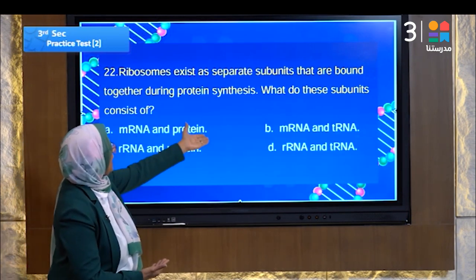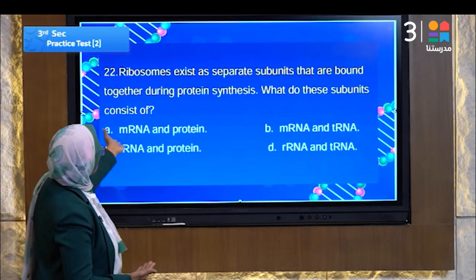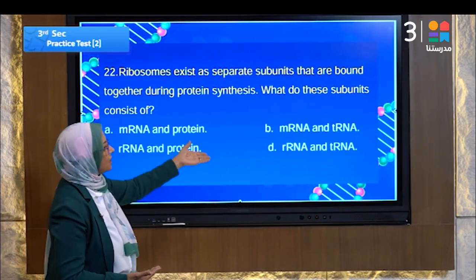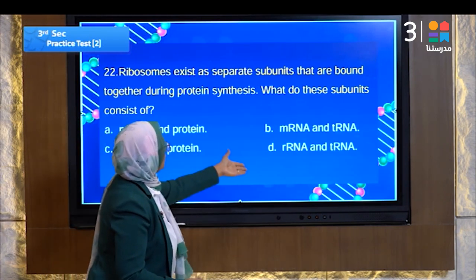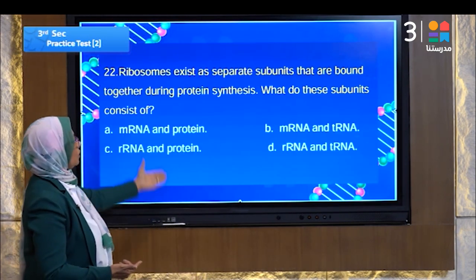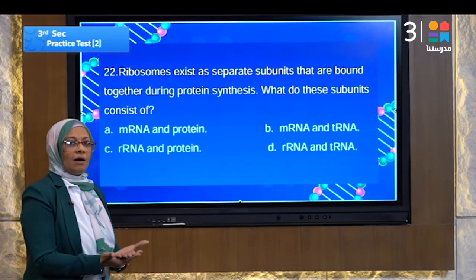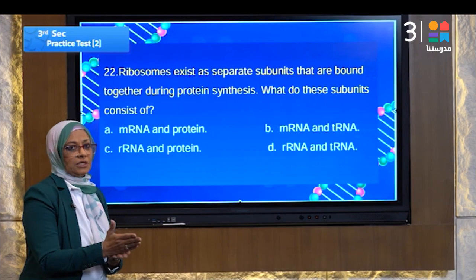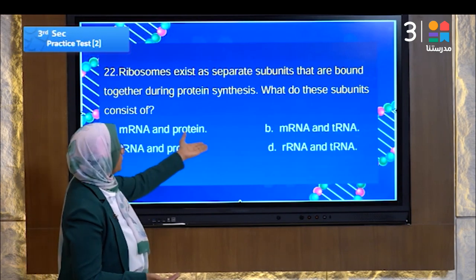Ribosomes exist as separate subunits that are bound together during protein synthesis. Yes, protein synthesis, that's the ribosomes. What do these subunits consist of? Subunits are the base on which we synthesize the protein. Let's read the choices. A, messenger RNA and protein.